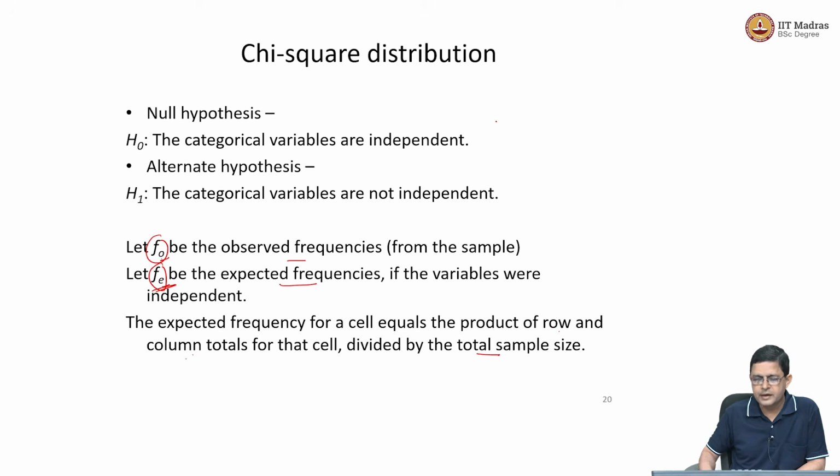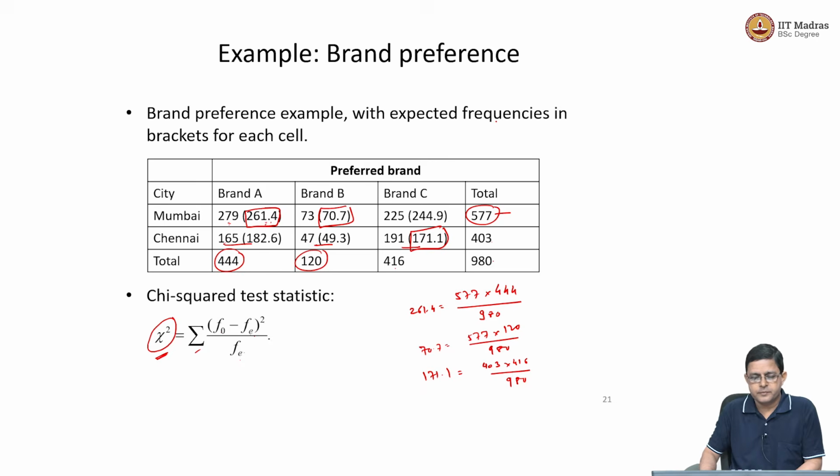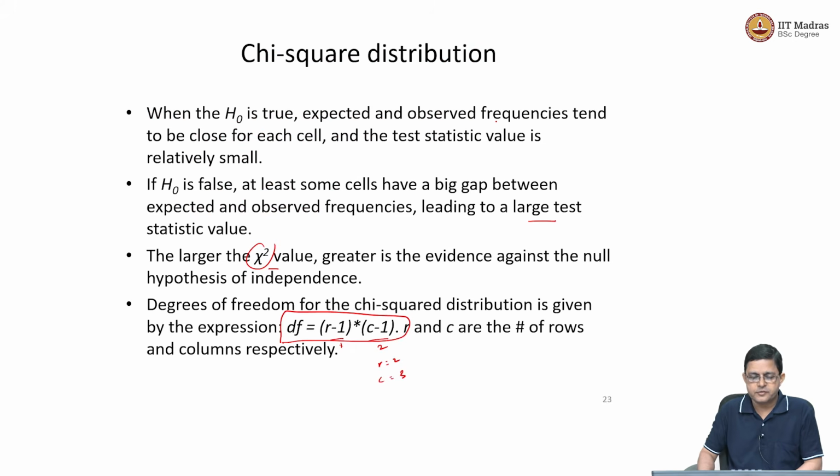That is our conclusion at 95% confidence, which means that if somebody wants me to be 95% confident, I will say that cities do impact brand preference. They are not independent.